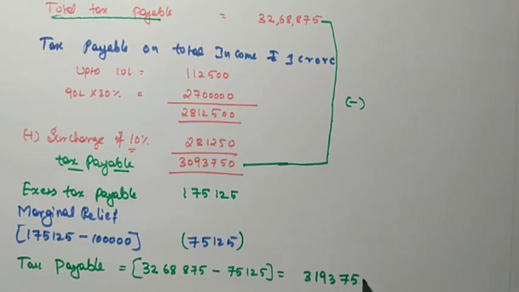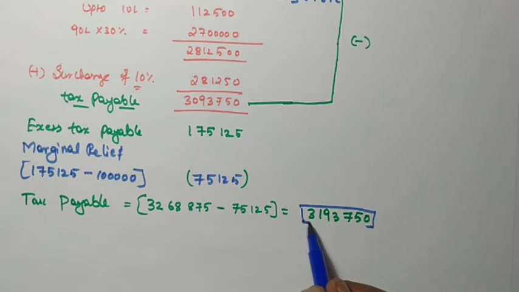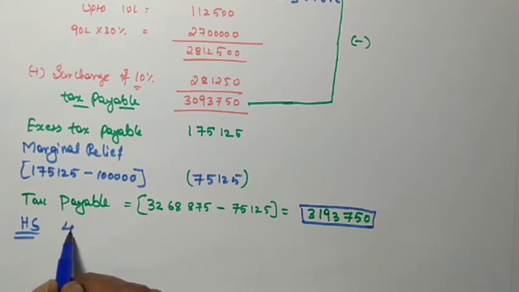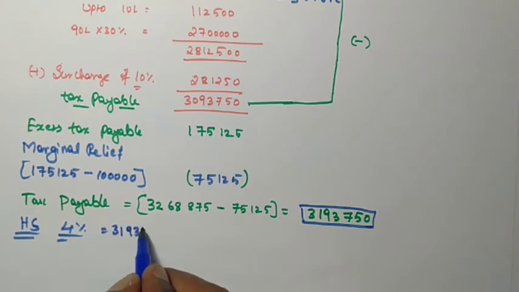31,93,750. On this taxable amount, we should add education cess, that is 4% of education cess on 31,93,750 into 4%.